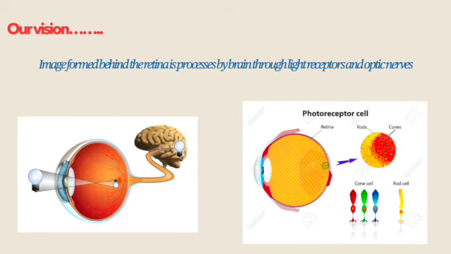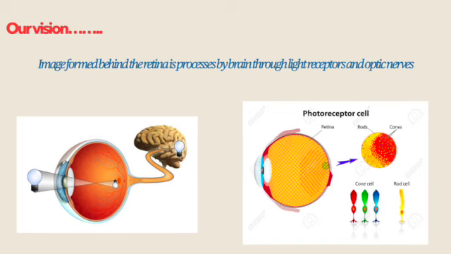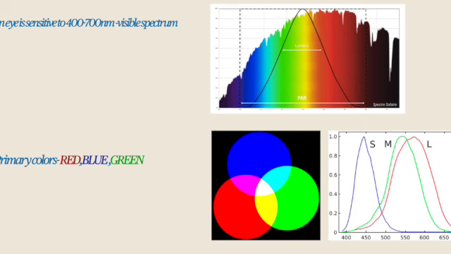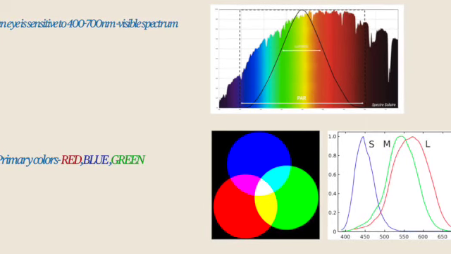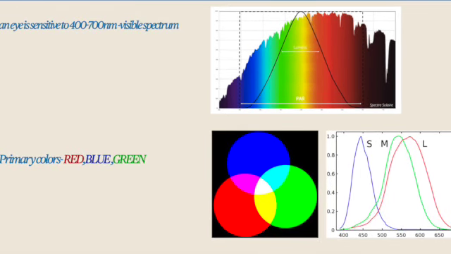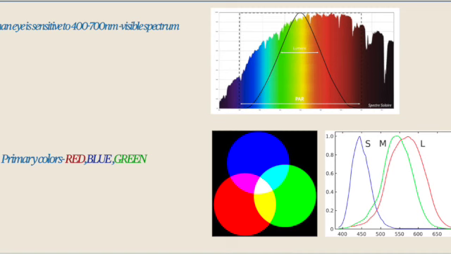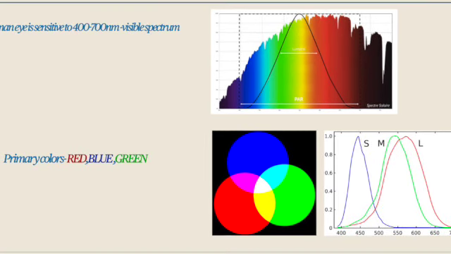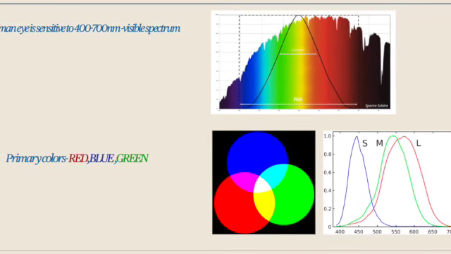So color science has a lot of biological applications also. Our eye is sensitive to wavelengths of 400 to 700 nanometers. This is called the visible spectrum. We can't see any light outside the spectrum. The next is the primary colors.